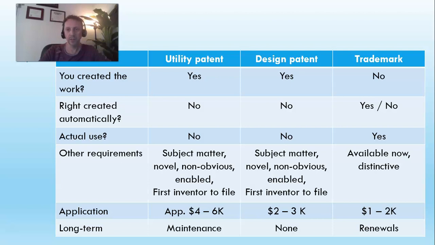But what is not created automatically is the registration, the registered trademark. So that's usually what we think of when we talk about trademarks. You would have to actually affirmatively fill out an application form and submit it to the United States Patent and Trademark Office, and again go through the approval process before your trademark is registered.